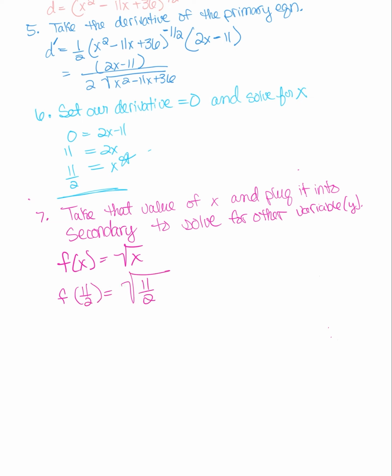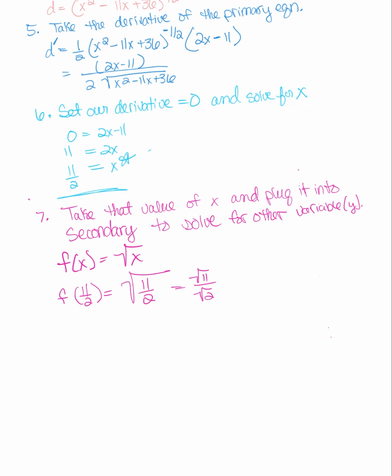of 11 over 2. Now, technically, if you have a professor that doesn't like, because this is the same as having square root of 11 over square root of 2, and some dead Greek guy or some dead guy said that we can't have roots in our denominator, which I'm sure I've done other ones where I think the last one I left it in there too.